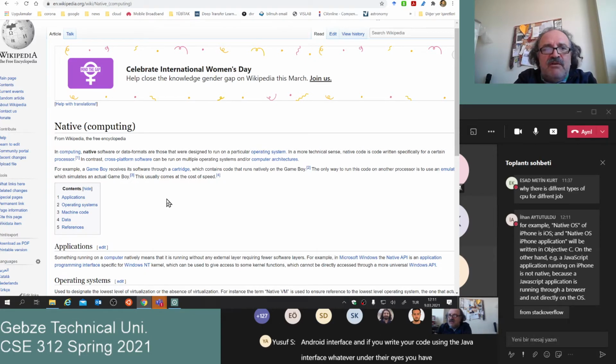So who writes the native code for cell phones? Samsung writes it for their own devices. It works only on Samsung devices, not all of them. But it runs very fast. It is very efficient. Okay, good.